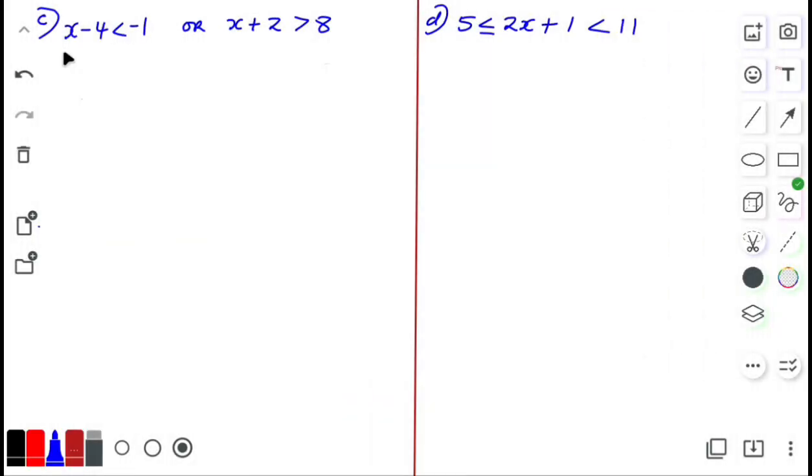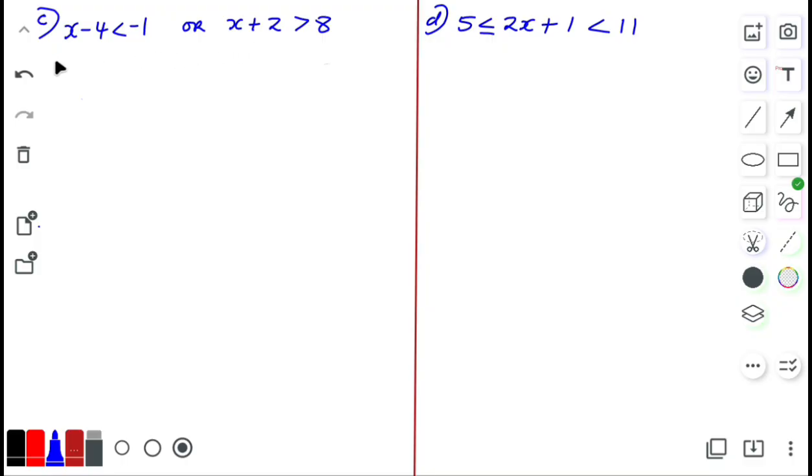The third question says we should solve this compound inequality involving the word or. So we have x minus 4 less than minus 1 or x plus 2 greater than 8. For the first inequality, to find the value of x, we have to add 4 to both sides. And for the second inequality, we have to subtract 2 from both sides.